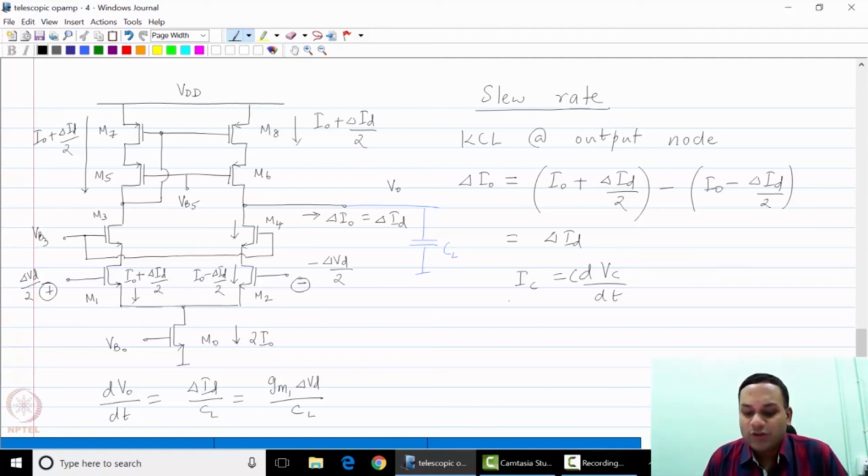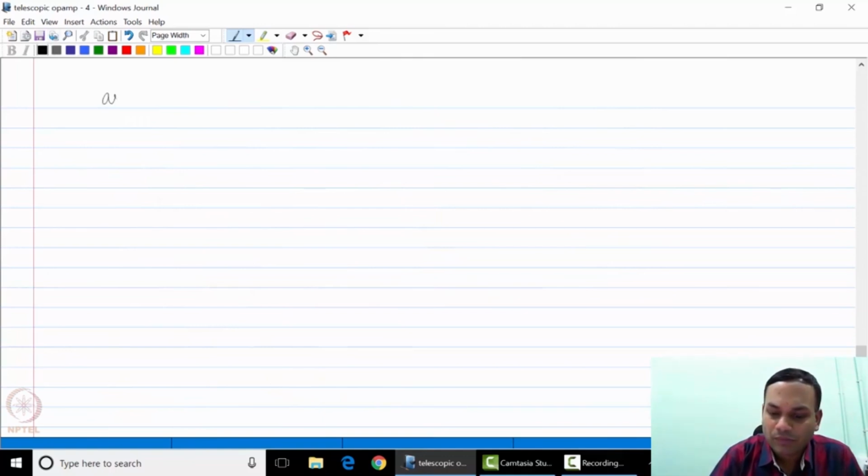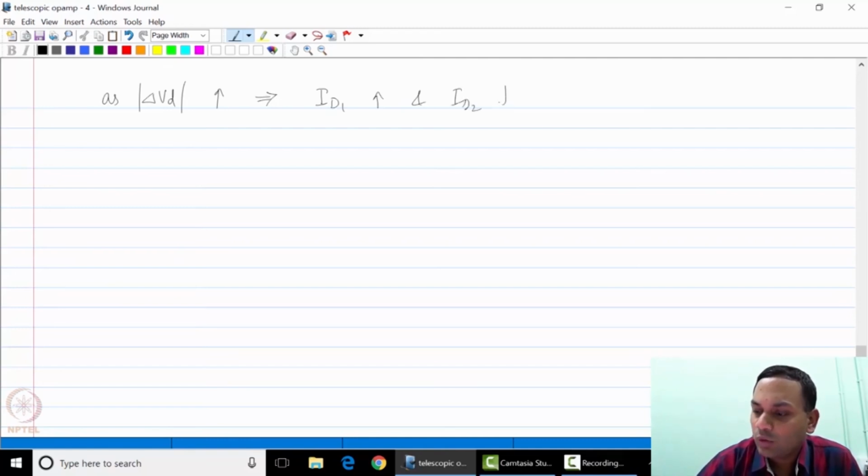Now if you start increasing the value of delta VD, you will find that since M1 carries I0 plus delta ID by 2, the current through M1 increases and the current through M2 decreases. So as the magnitude of delta VD increases, ID1 increases and ID2 decreases.